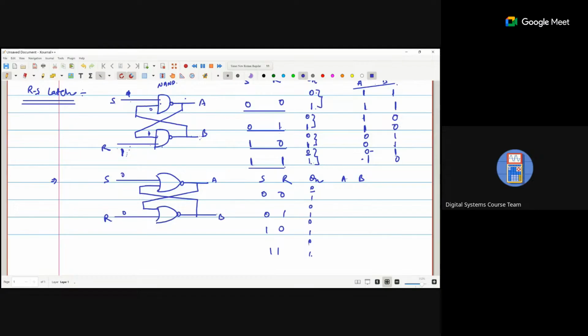I just say that it is 0. So that means with 0 0, B becomes 1. If B is 1, that means A is 0. And if I assume the previous output is 1, that means this one is 1. So if it is 0 1, you can see that B is 0 and A is 1.